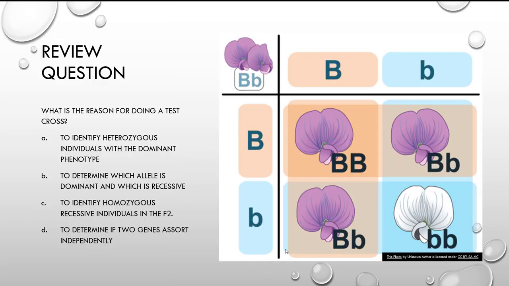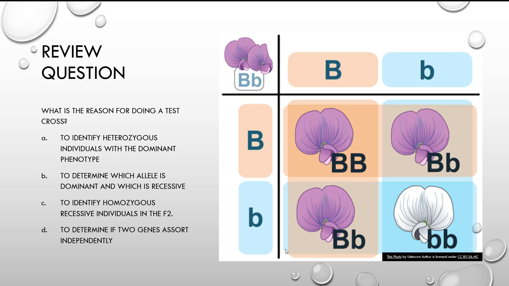And then finally, what is the reason for doing a test cross? Is it A, to identify heterozygous individuals with a dominant phenotype? Is it B, to determine which allele is dominant and which is recessive? Is it C, to identify homozygous recessive individuals in the F2? Or is it D, to determine if 2 genes assort independently?